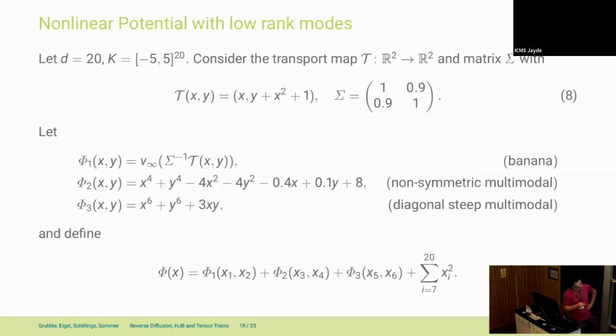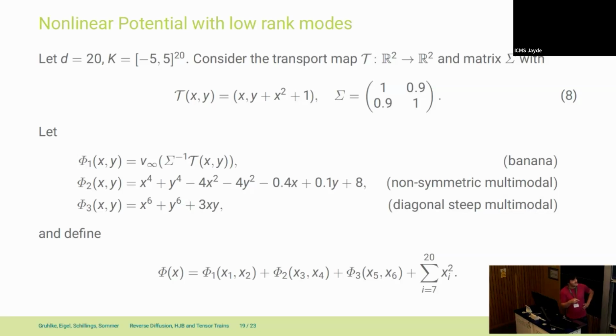So considering maybe a nonlinear problem that is out of the scope of this log-concave problem, we consider a potential that is given as a sum of individual potentials with their own difficulties, let's say. I call this one phi1 banana, and we will see why. I think everybody who saw some paper of Marzouk knows this distribution.